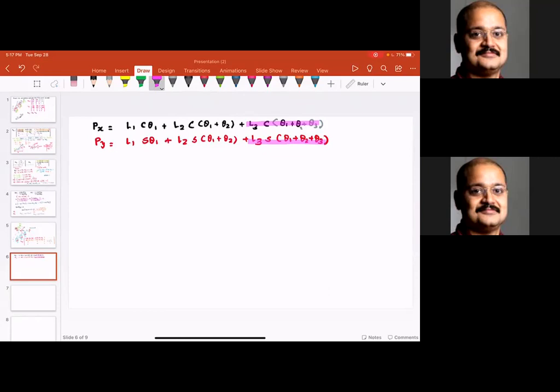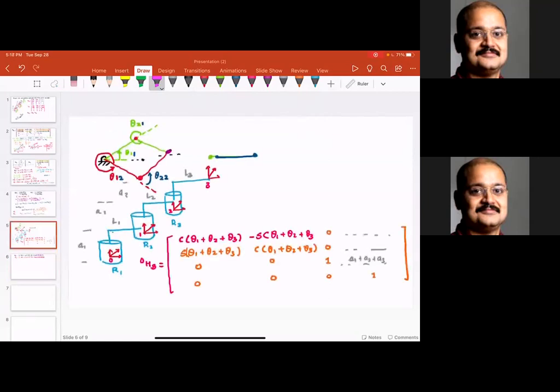So somehow, if I can eliminate that term from this equation, this problem is going to simplify exactly the same way as the previous problem. You agree with me? At the same time, I would like to draw your attention to the homogeneous transformation matrix, specifically the rotation part of the homogeneous transformation matrix.